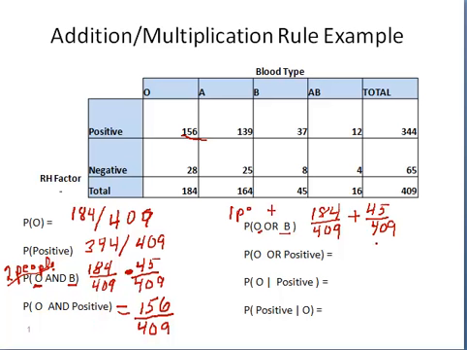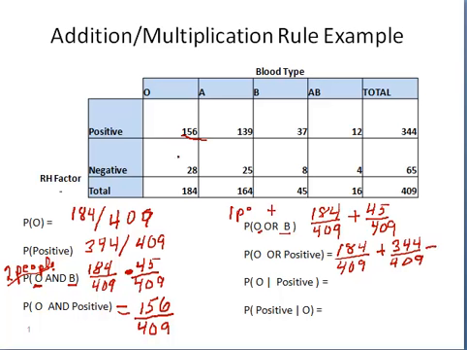Now this one gets a little tricky because O and positive are not mutually exclusive. So I start out with O, which is 184 out of 409, plus the probability of positive, which is 344 out of 409. Now you can see that if I just add these together, I'm going to be over 409, which 409 over 409 would be 1, and the probability always has to be less than or equal to 1.